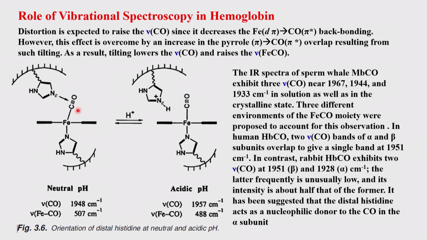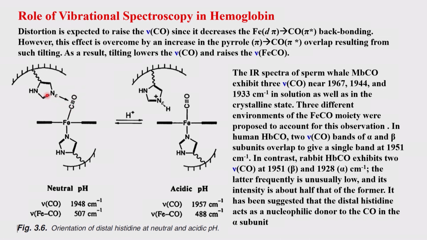How would you identify that from the vibrational spectrum? If you see here, this is the positive center, and this becomes straight, with no influence on the pi star orbitals of the CO. But here, there is influence of the nitrogen pi electrons onto the pi star of the carbon monoxide.